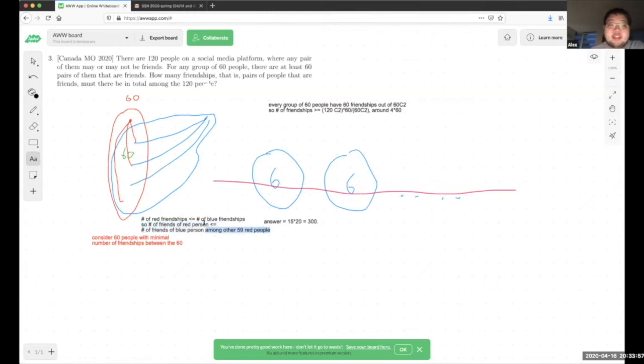The next step is to write an inequality that's true for every pair of red and blue people that doesn't make reference to which red person it is. So I'll try to write it here. For every pair of red, blue people, the number of friends of the red person among red people, let x equal this.